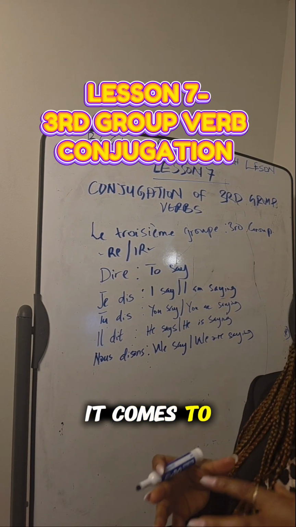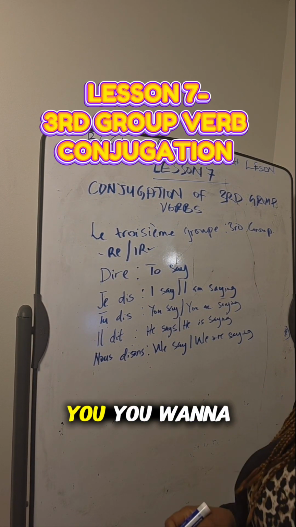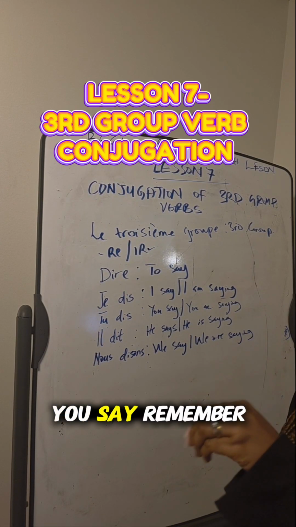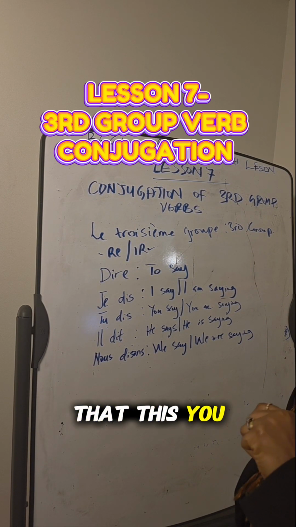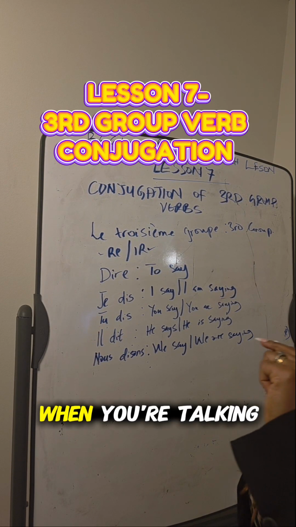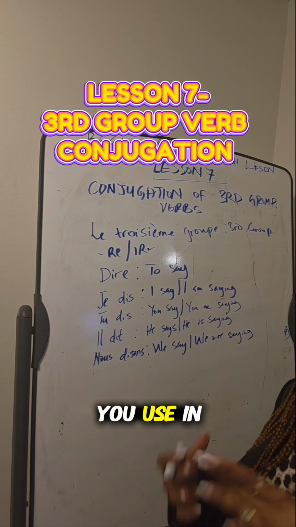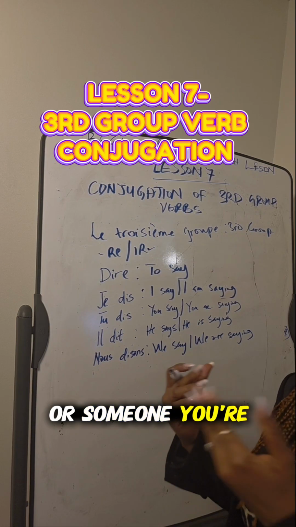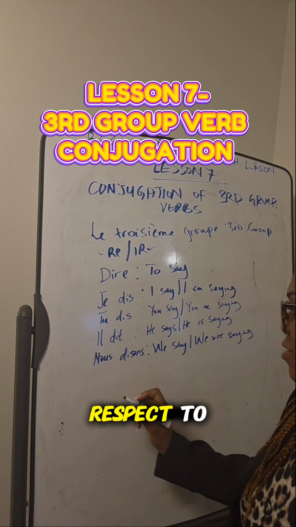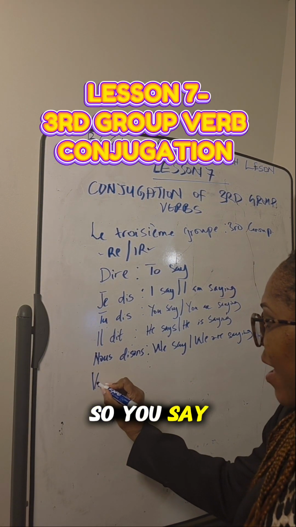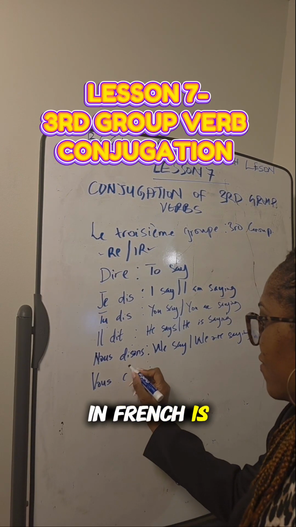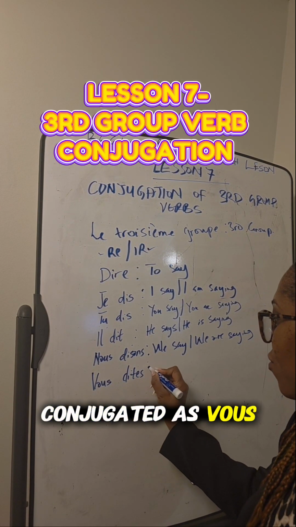When it comes to vous, the plural for you, you want to say you say. Remember that this you is the plural you, and it's also the you that you use in a formal setup or someone you're trying to accord respect to. So you say in French is conjugated as vous dites.